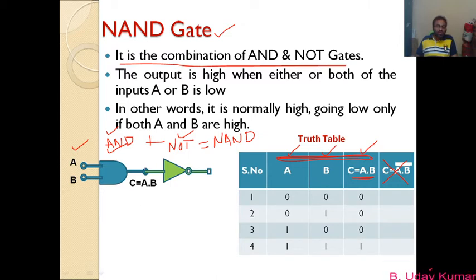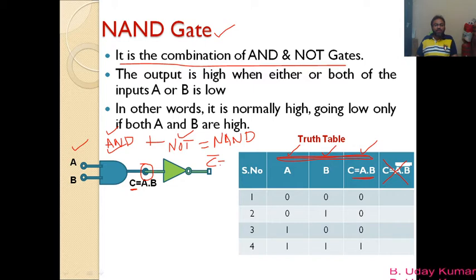So here C is the output of the AND gate, as you can understand from the figure, but this C will also be the input of the NOT gate. Is that clear? Here C is the output of the AND gate and C also will be the input of the NOT gate. So since the input of the NOT gate is C, the output will be C bar. So here we are applying C to the input of the NOT gate, so the output must be C bar.